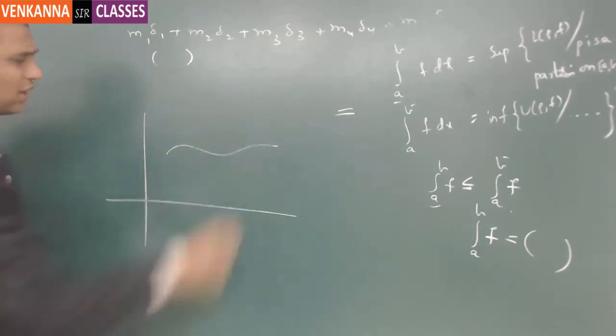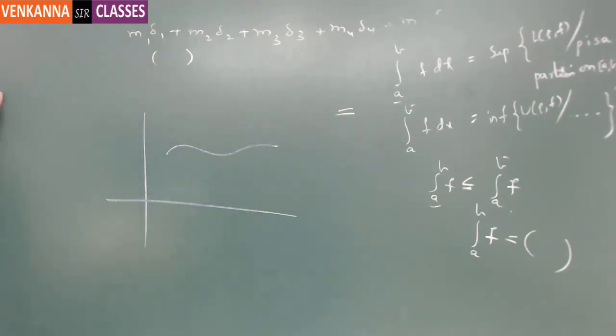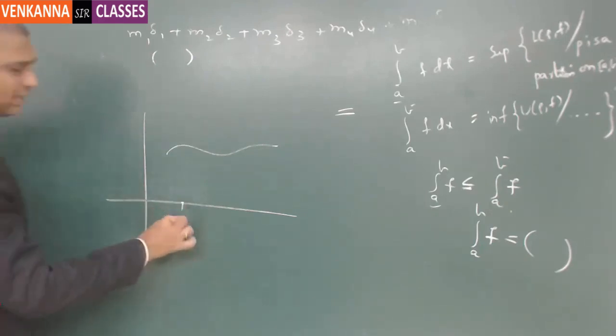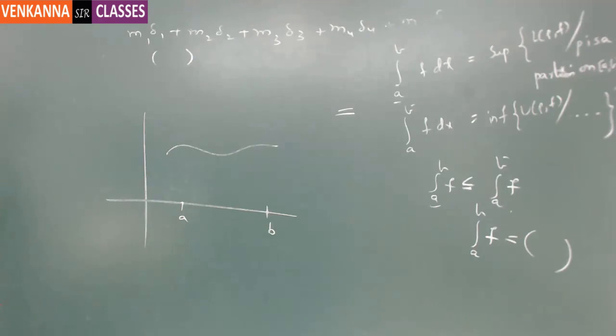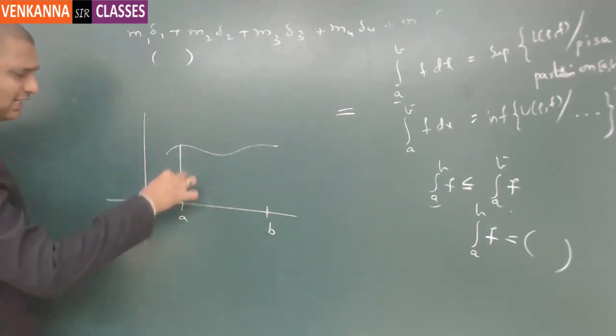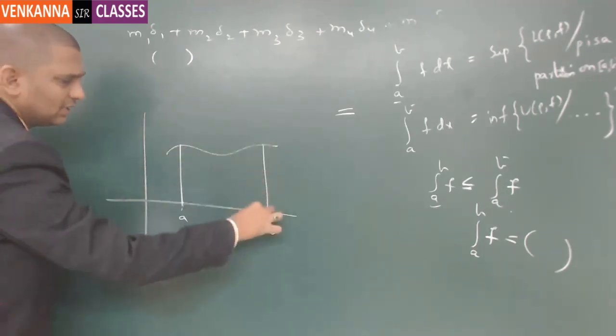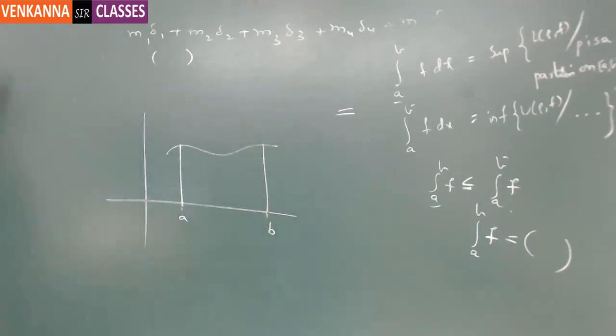Suppose this is the graph you have taken for the function f, and this is the interval AB, and you are going to integrate the function. In other words, you are going to calculate the area bounded by the curve and the x-axis. Integral a to b f is what you are calculating.